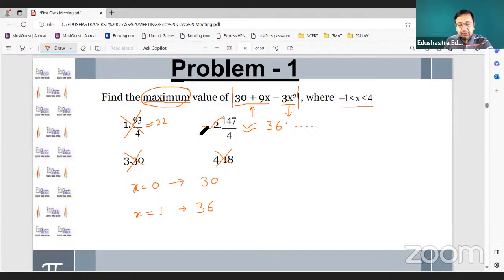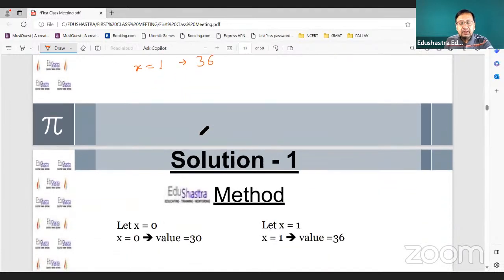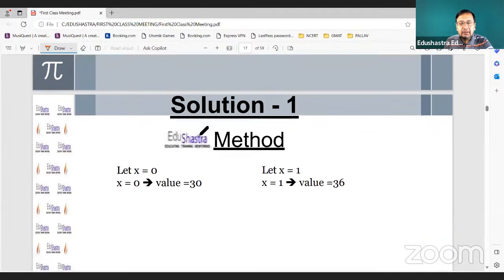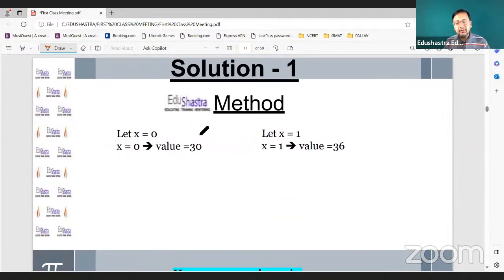And this we are calling the Edushastra method of solving. Here in Edushastra, we put great emphasis on solving the question logically rather than going into mathematical concepts.